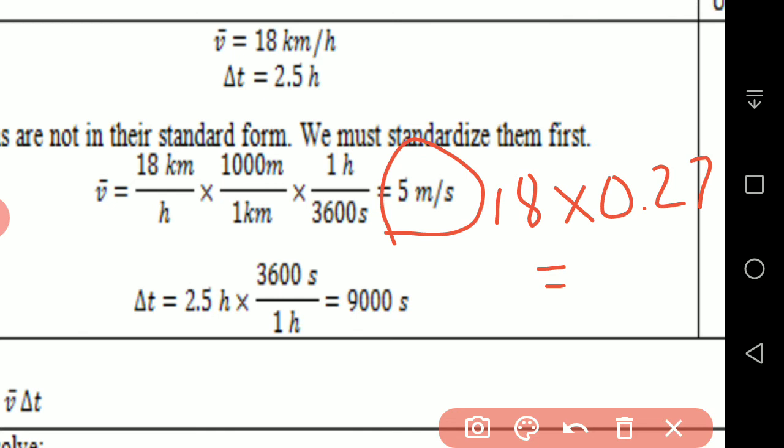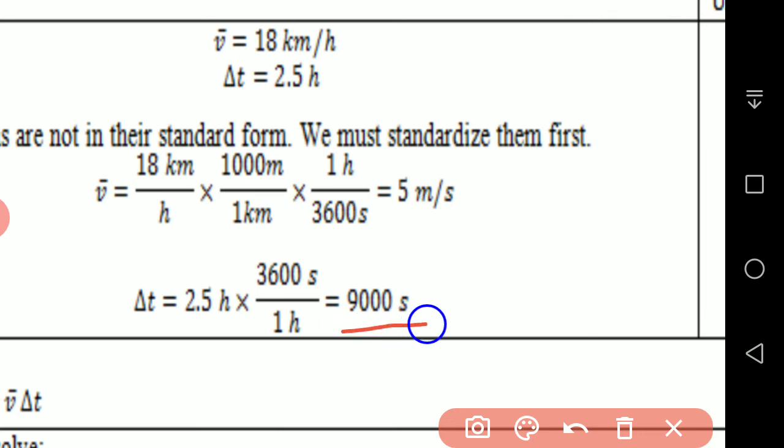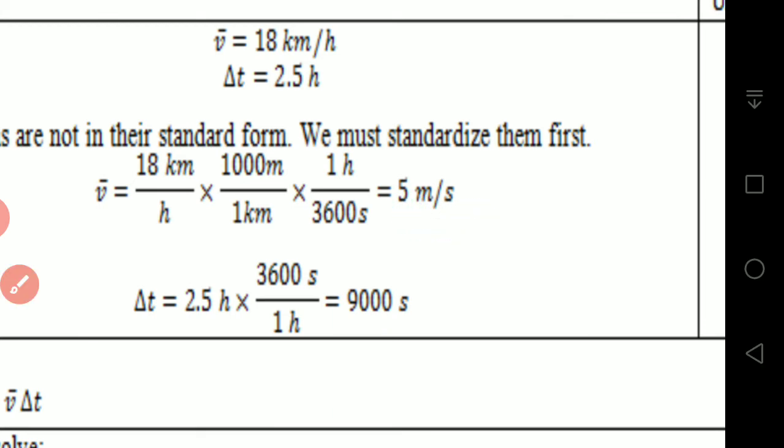Basically, malapit yan sa 5 meters per second. Kung gusto nyo mag-shortcut, yun yung conversion factor natin. Multiply nyo lang ng 0.27, magiging meters per second na yan. Yung 2.5 hours magiging 9,000 seconds. 18 kilometers per hour is 5 meters per second.